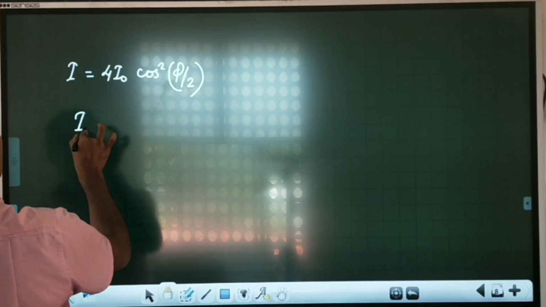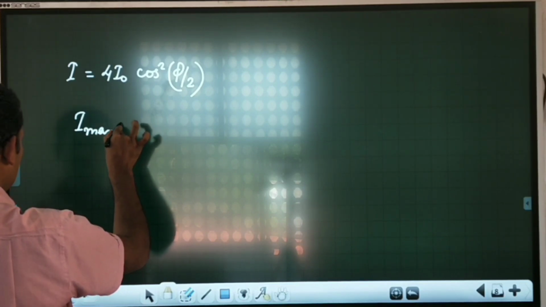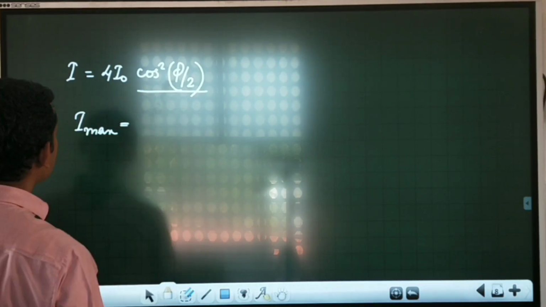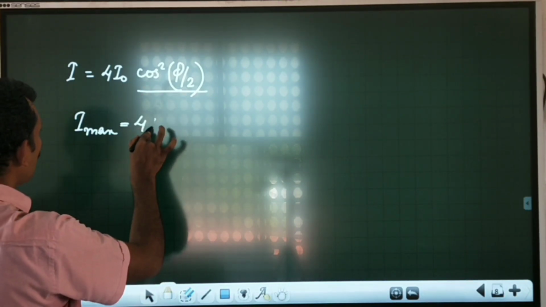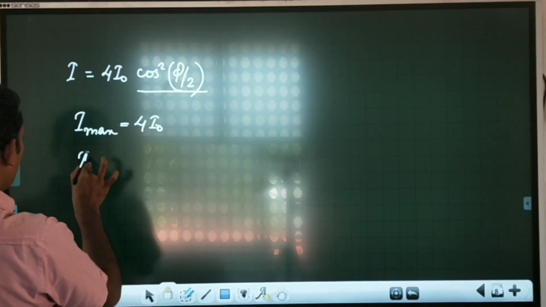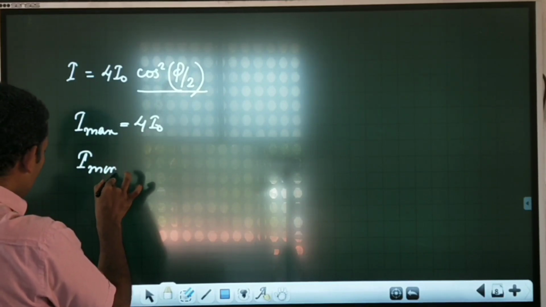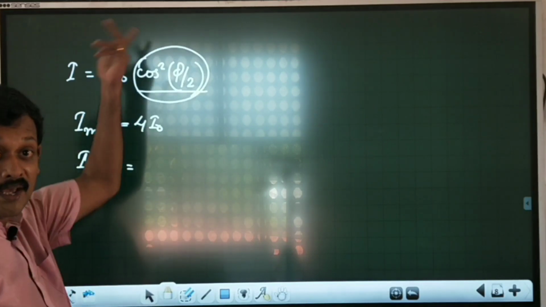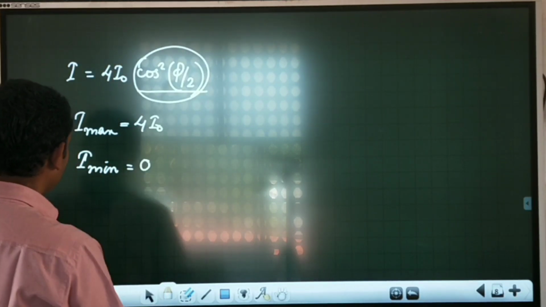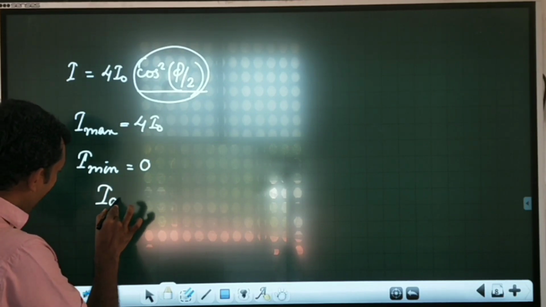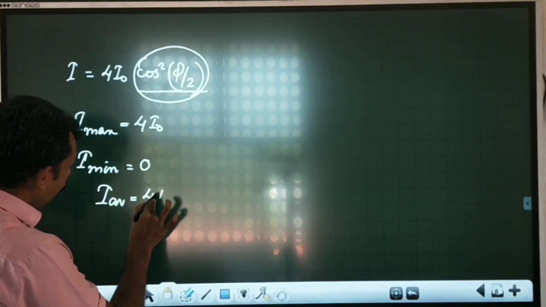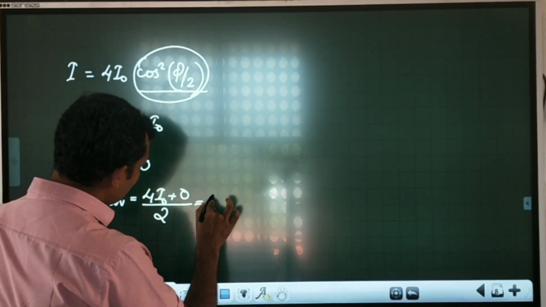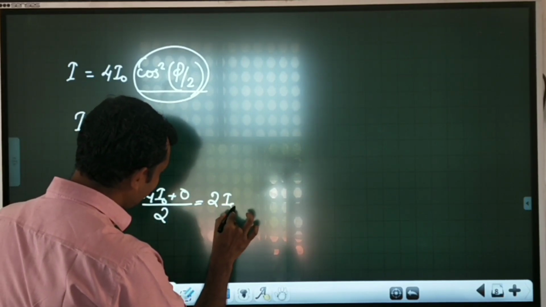From here, what is I max? Maximum intensity means this term is equal to 1, that is 4I0. What is I minimum? Minimum means this function, cos square, is equal to 0. That means I average is equal to 4I0 plus 0 divided by 2, which is 2I0.